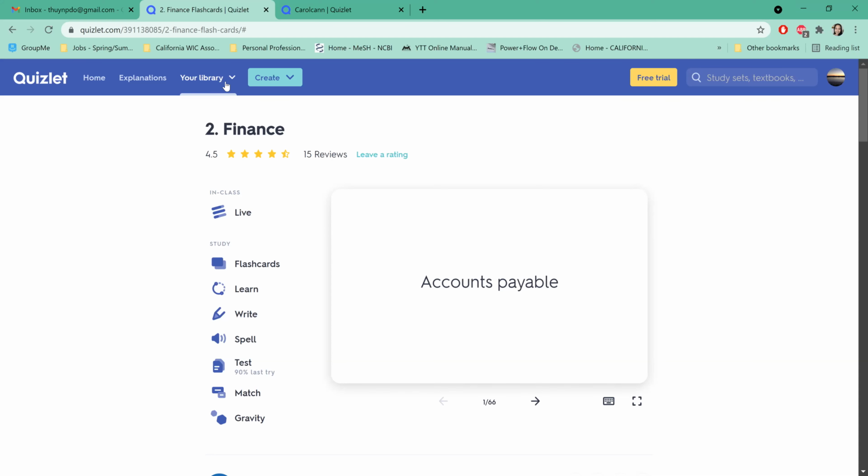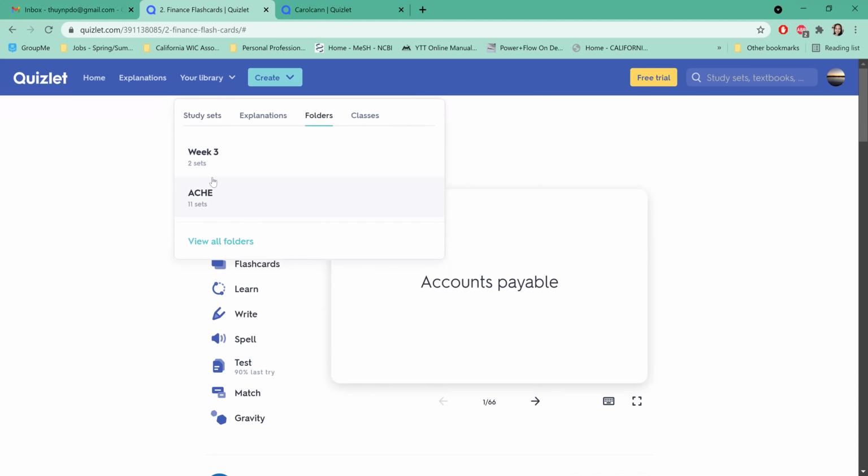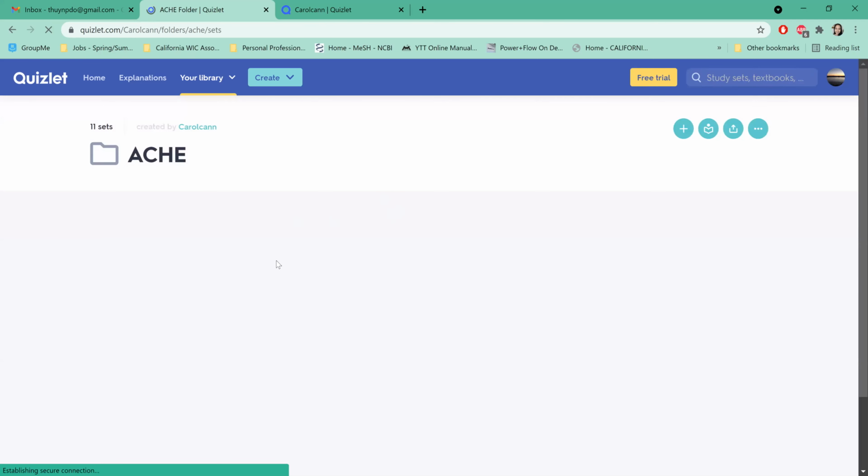So yeah, going to different folders and just selecting the section that you want to work on, I go to your library here, the tab, and I select the folders just because it's easier for me to see which one is ACHE and which one is more of a personalized set. So this ACHE has 11 sets. Going here to the knowledge library, the knowledge resource, and it is thinking.